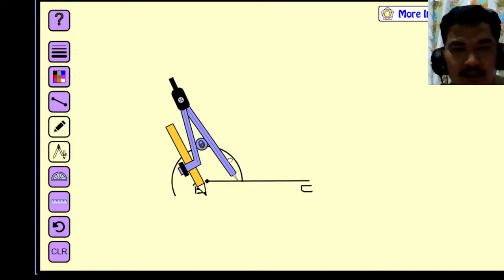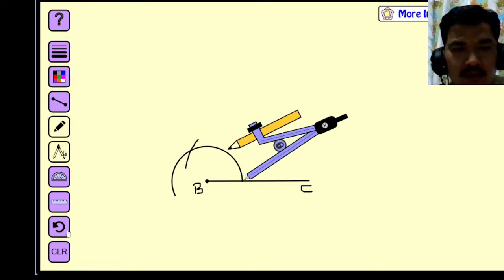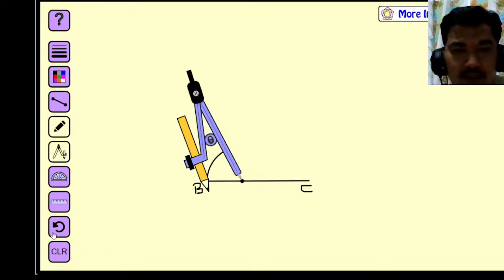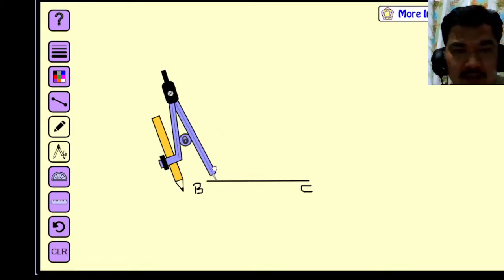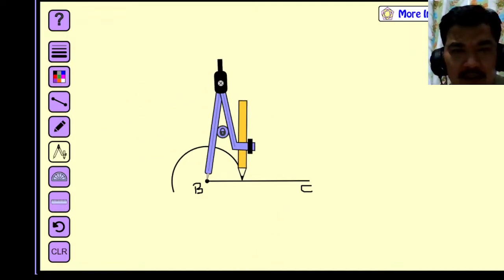Now look here, Celine. Now put at 0 degree here like this, okay? I am doing this again once, look here. I'm keeping at the point B and cutting the main arc again here, right?